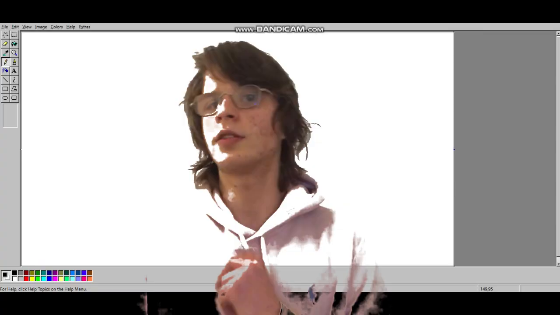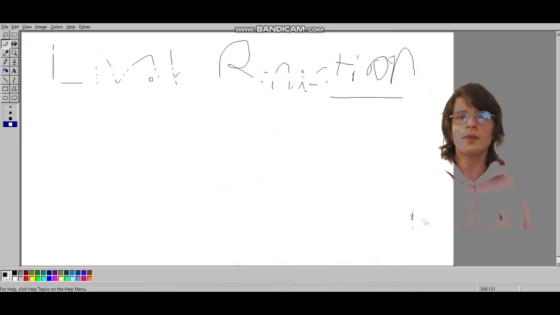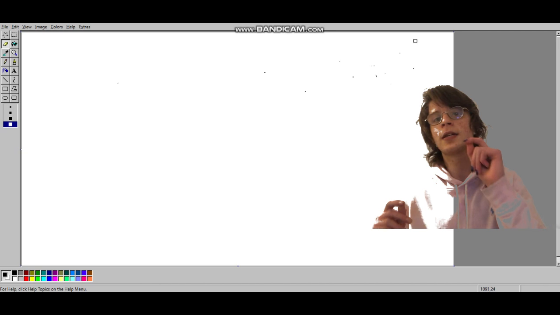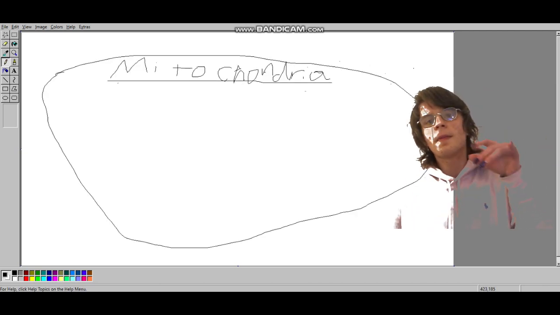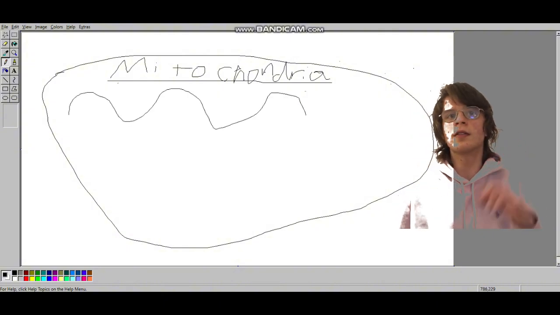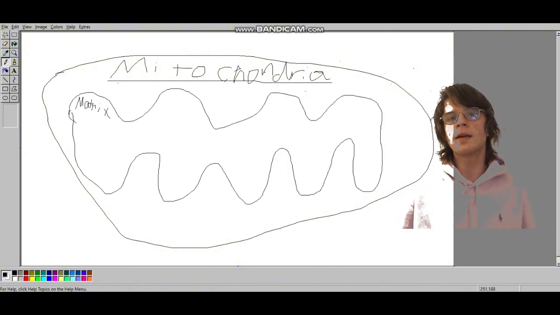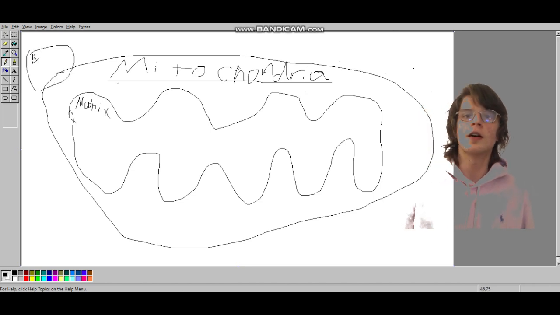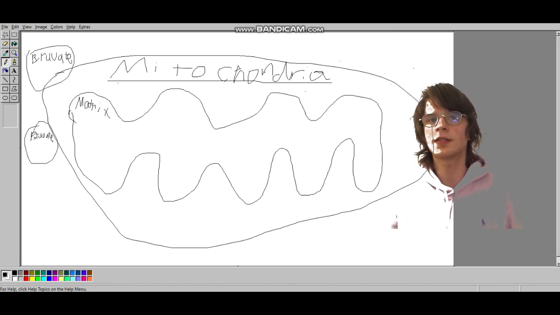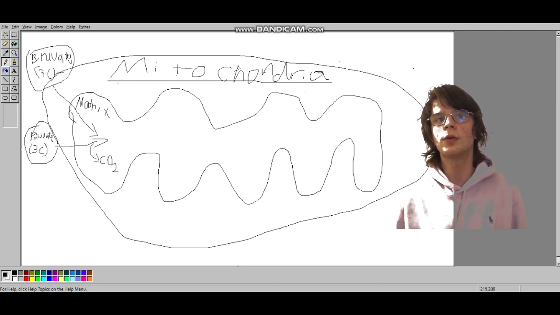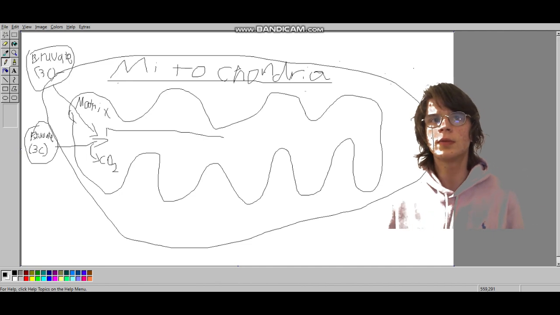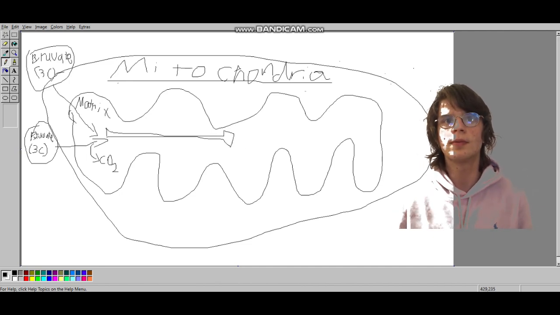Hi there, episode 2. Before we get on to the Krebs cycle, we have to mention the link reaction. The rest of cellular respiration will take place within the mitochondria. This starts with the pyruvate entering the mitochondrial matrix and being decarboxylated, meaning its CO2 will be removed. This forms a 2-carbon acetyl group.